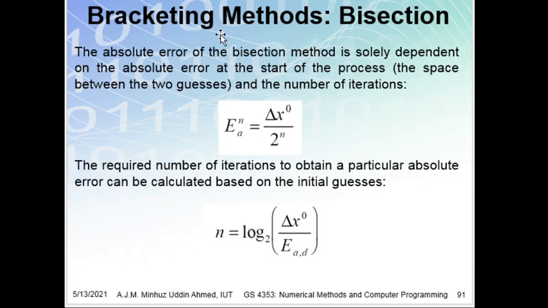Now, bracketing methods in bisection: the absolute error of the bisection method is solely dependent on the absolute error at the start of the process. From where you start, you can determine the absolute error, and you can easily calculate how many iterations or steps will be required for obtaining a particular value of absolute error.